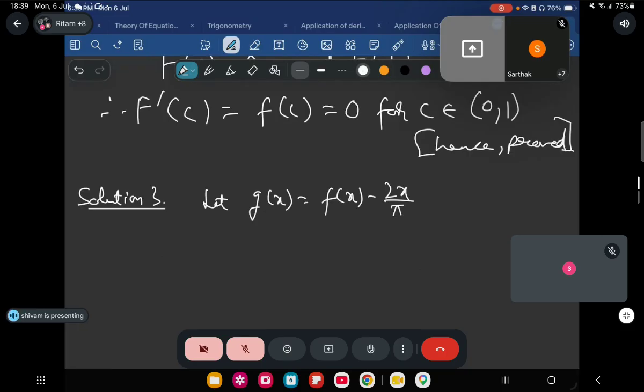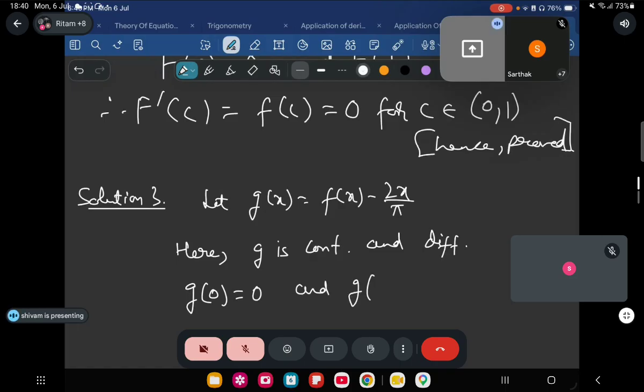Now tell me, is g continuous and differentiable? Yes, over here g is continuous and differentiable. Then you check what is g of 0. g of 0 is equal to 0. And g of pi by 2 is also equal to 0. Check it, you'll get 1 minus 1, 0.